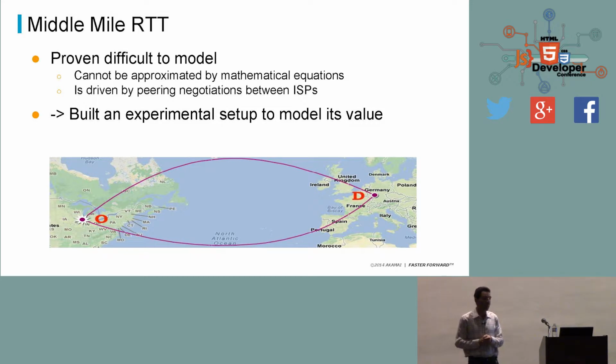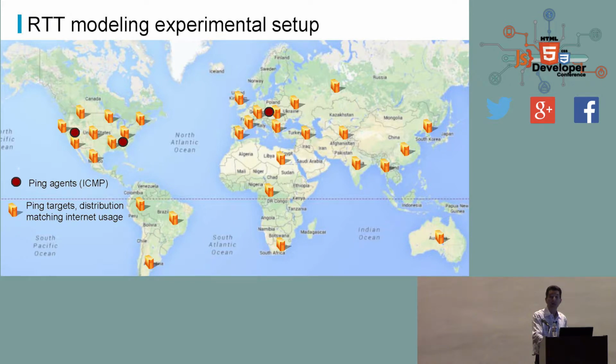However, it's very hard to predict, and this is, I would say, the main contribution of this talk: we spent some time building a model to try to determine the round trip time of the middle mile. And here is the setup. The red dots are pinging agents, right?